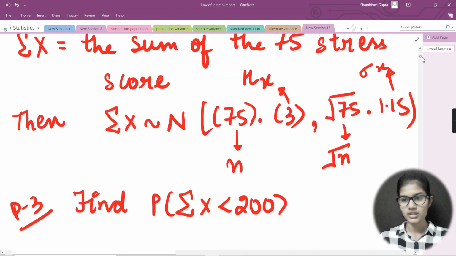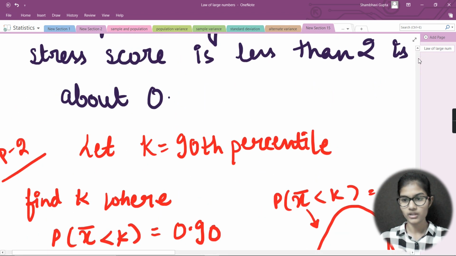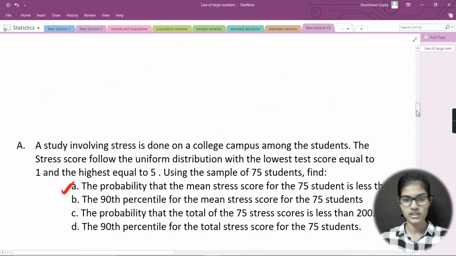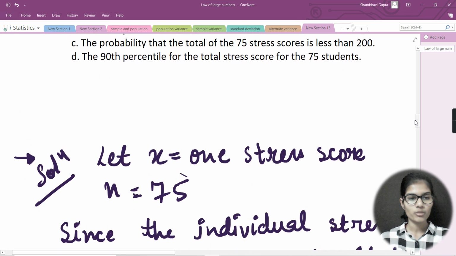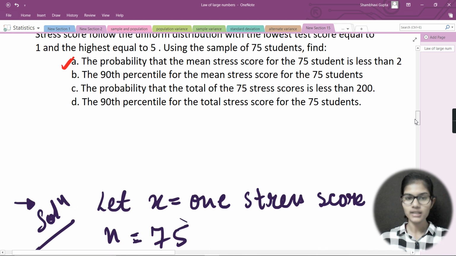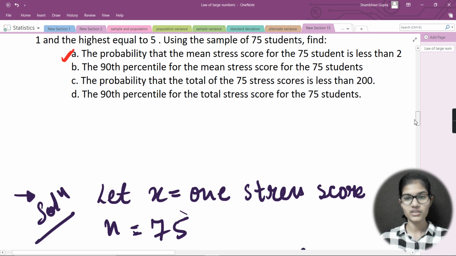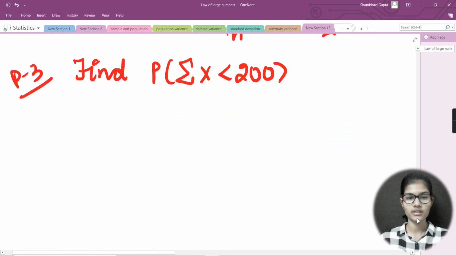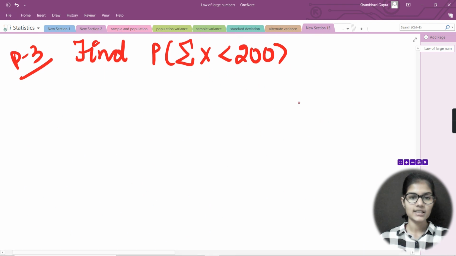Let me quickly show you the question so that you do not face any problem. What is problem number 3 asking for? The probability that the total of the 75 stress scores is less than 200, right? This is the reason I wrote here the probability of sigma x less than 200.